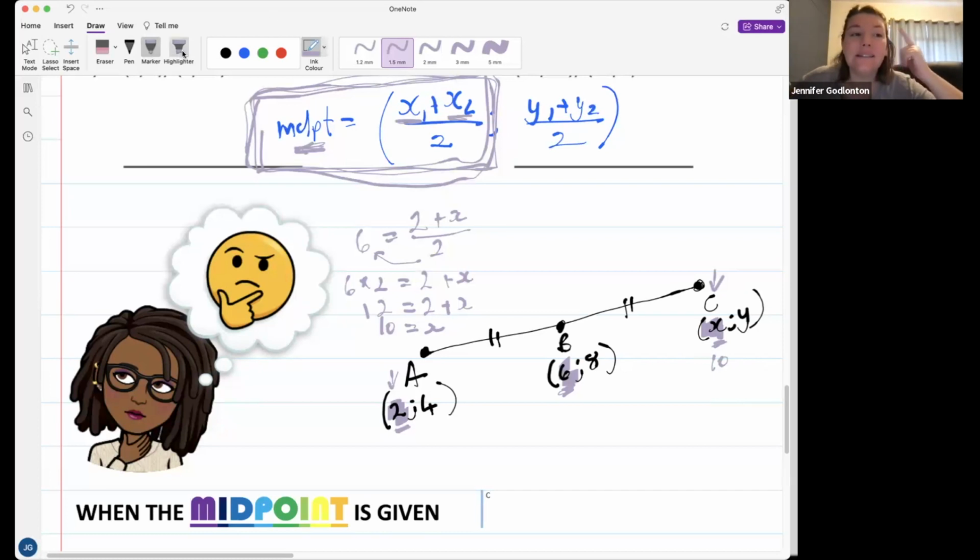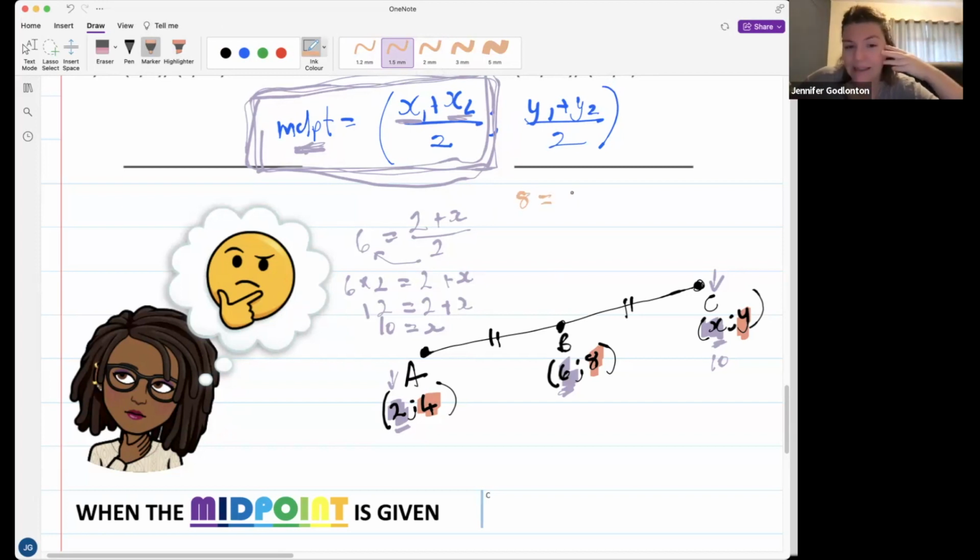Now, using that same logic, guys, I want you to try and think. How now could I find my y value? Exactly. It's like the inverse. How could I find this y value with that same logic? Is our midpoint going to be 8? Good.